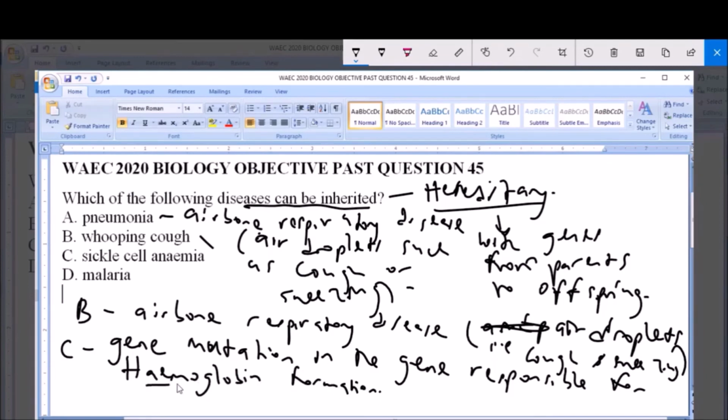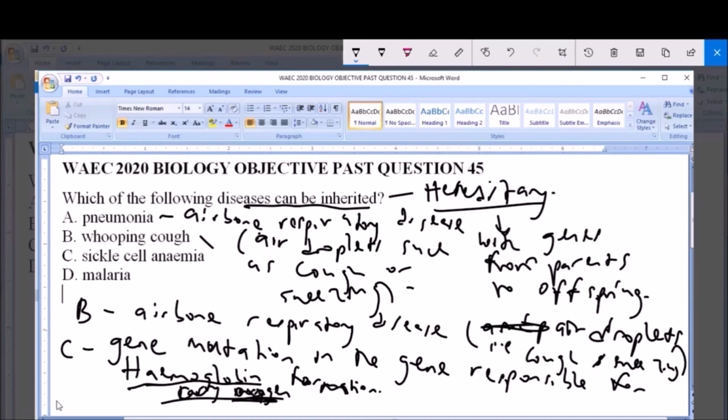Hemoglobin is a protein found in red blood cells. That protein is what gives red blood cells their characteristic red color and also enables red blood cells to transport oxygen especially.